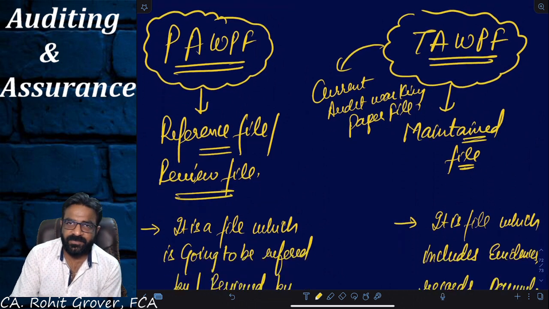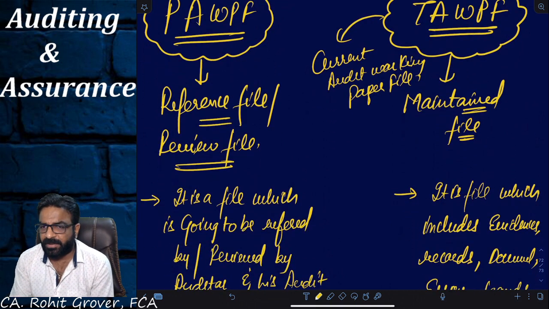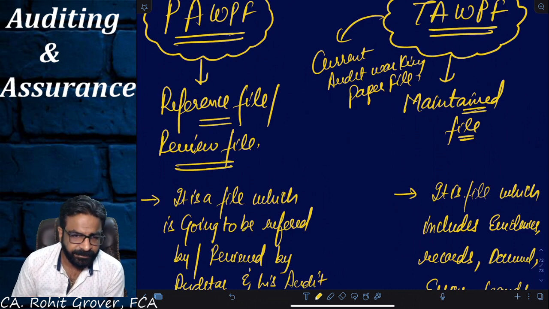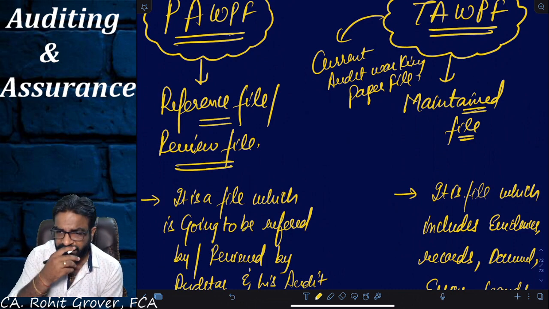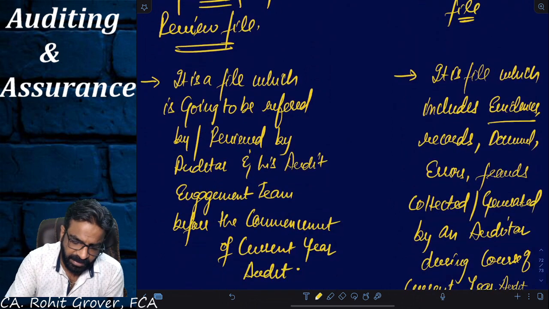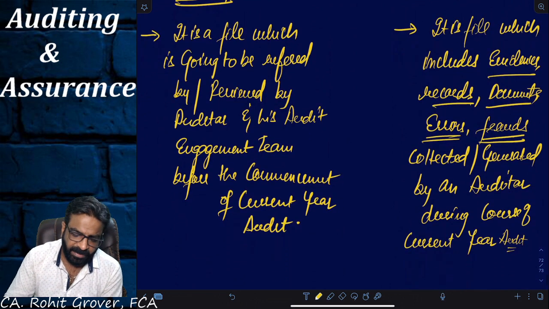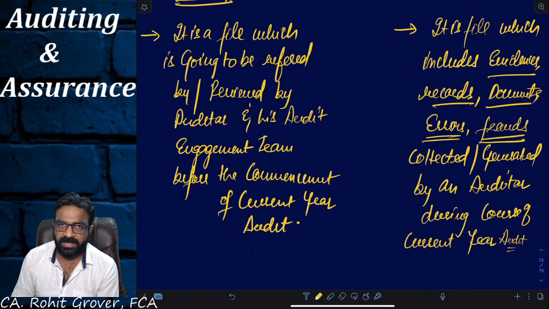Now question is, when the name itself says that it is current audit working paper file, so this file will include which kind of documents, everyone? Current year documents, current year evidences, current year records, current year errors I found, current year frauds I found, collected, generated by an auditor during the course of the current year audit.